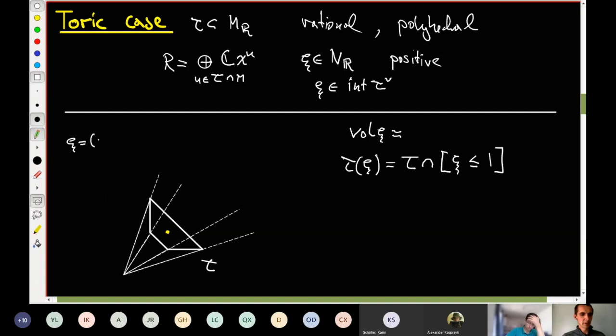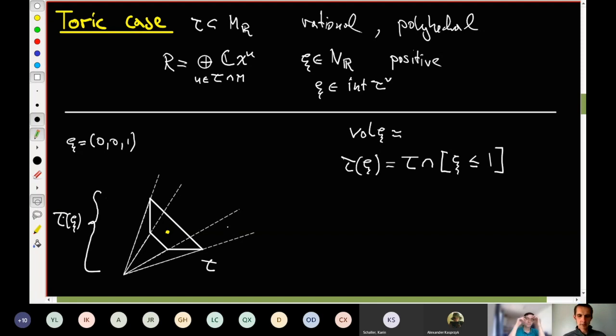Let's say we just fix xi to be 0, 0, 1. Okay, so now the hyperplane where xi takes value equal to 1 is exactly the hyperplane where we embedded our polytope. So this means if we truncate our cone and take only the part which lies below this hyperplane, we get exactly this picture here. This is our tau of xi in this setting.